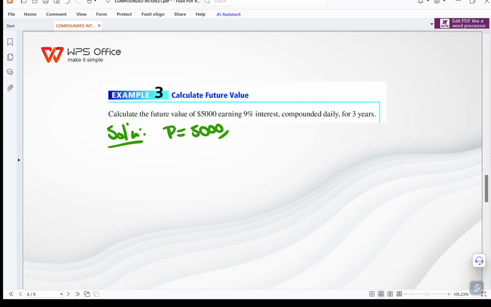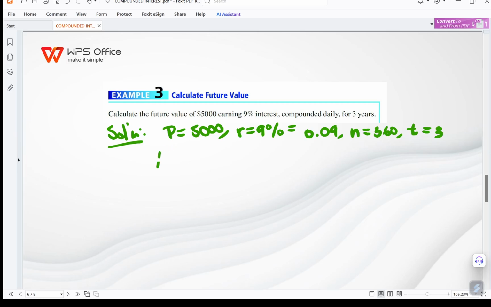Our interest rate is 9%, which is the same as 0.09, and that is compounded daily. It means the rate is applied every day, so N will be 360, and our time t is 3 years.